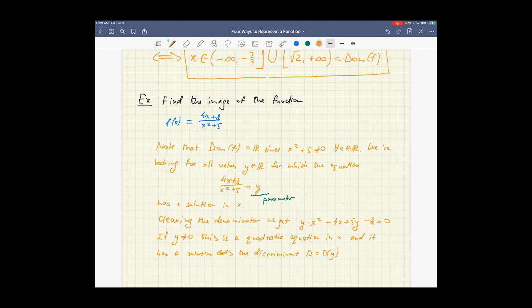Remember, the discriminant is the square of the coefficient in front of x in the first power minus 4 times the coefficient in front of x squared times the coefficient in front of x in the 0 power, also known as the free term, is non-negative.